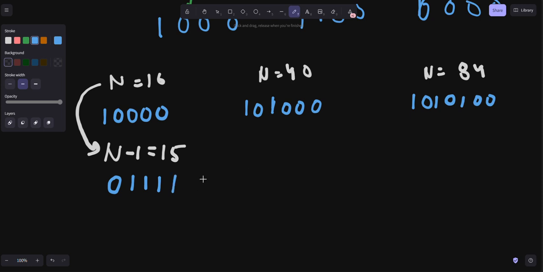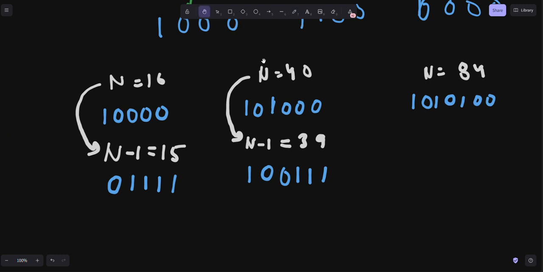Again, let's do it for n is equal to 40, so n minus 1 is 39. You know how 39 is represented? It is represented like this: 1 0 0 1 1 1, right?